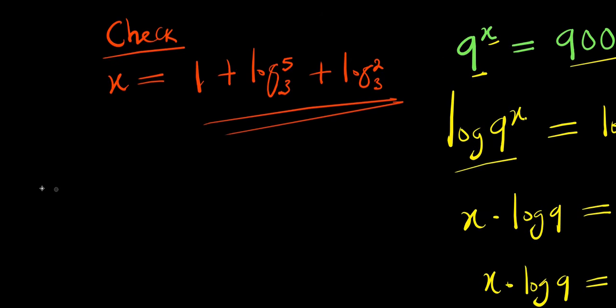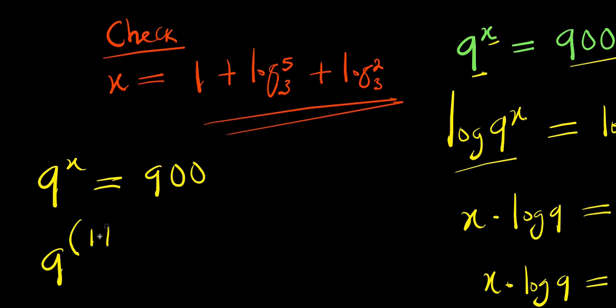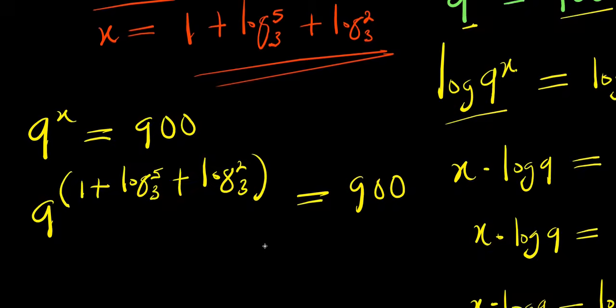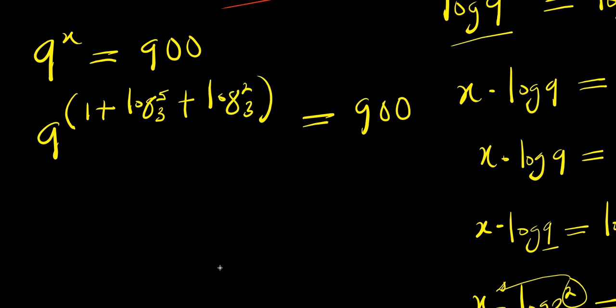So we check: 9 power x equals 900, so 9 power 1 plus log 5 to the base of 3 plus log 2 to the base of 3 equals 900. So what are we going to do?